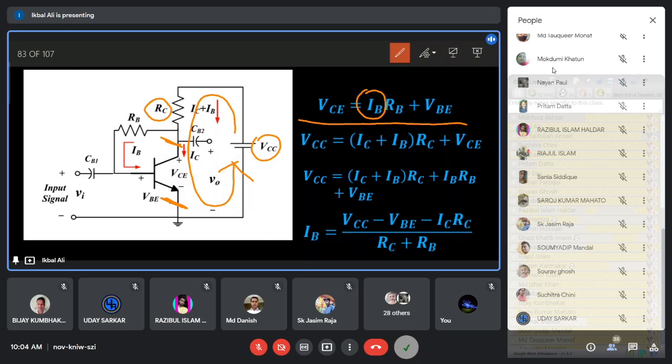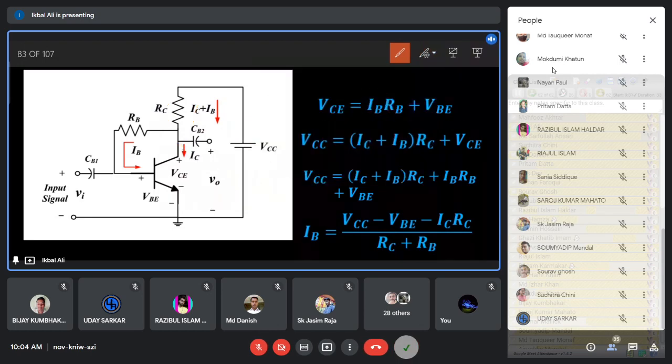What is the voltage drop across RC? It is nothing but the current flowing through RC, which is IB plus IC, into RC.